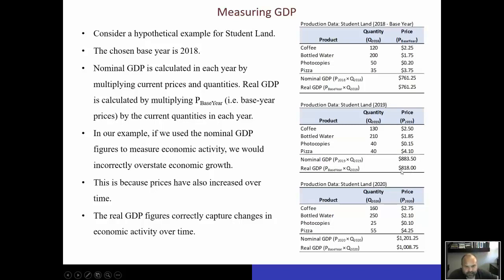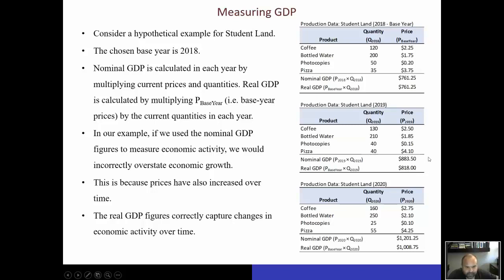So we can see here that the differences in prices resulted in the nominal GDP being higher than this amount, not only due to the quantities but also the prices. If we just hold the prices constant in the base year and see how much the GDP increases because of the different quantities, we see that it's actually 818.